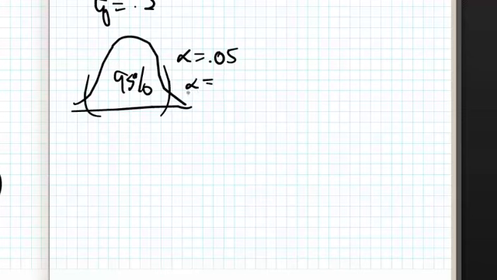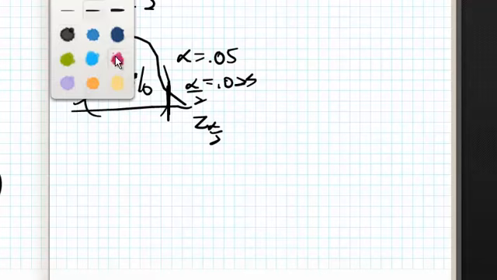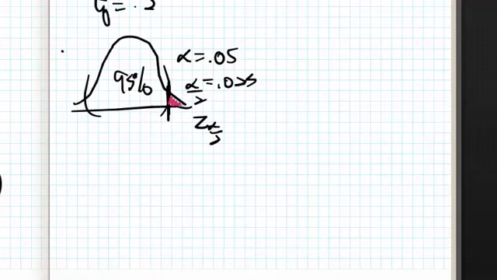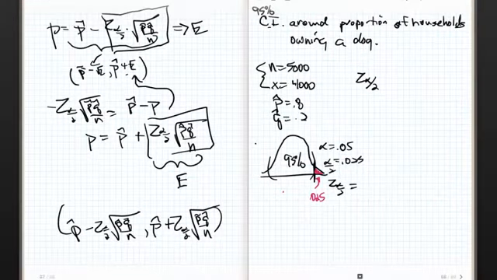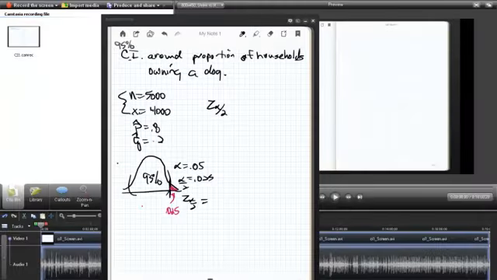So alpha over 2 is going to be 0.025, which implies z alpha over 2, that's this guy right here. Which implies that for my z alpha over 2, I'm going to have to go to my handy dandy charts.